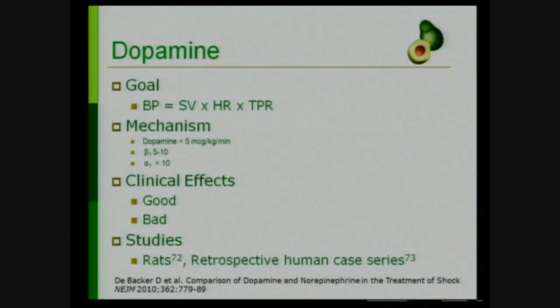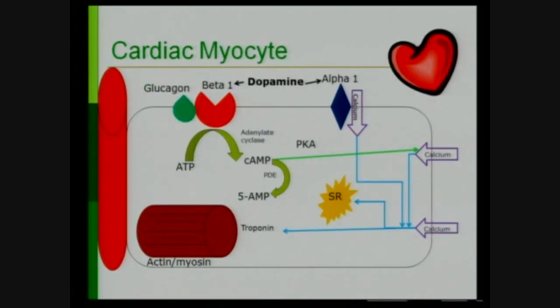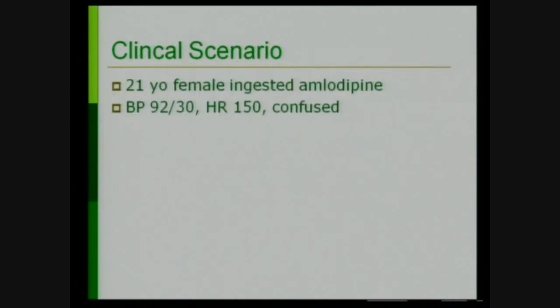Either way, the survival at 28 days was about the same. What was interesting is that cardiogenic shock had less survival with dopamine. That may be pertinent to our patients who have calcium channel blocker or beta blocker ingestions. If everything works right with dopamine, we're going to increase contractility and vasoconstrict.